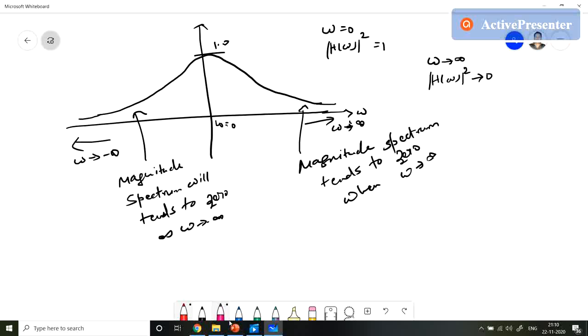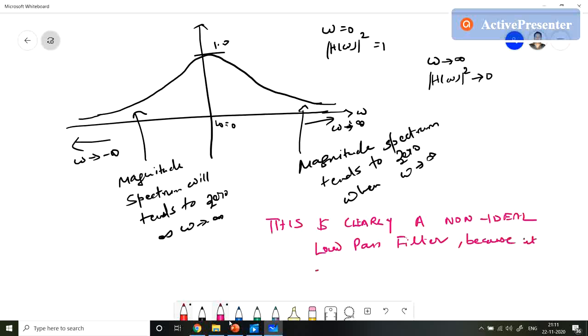So if you see that characteristic, this is clearly a non-ideal low pass filter. It is a non-ideal low pass filter because it does not have any sharp gain.